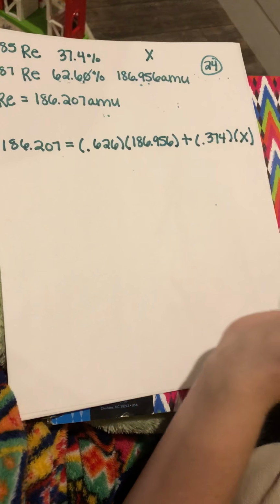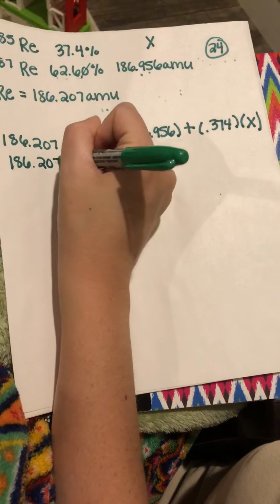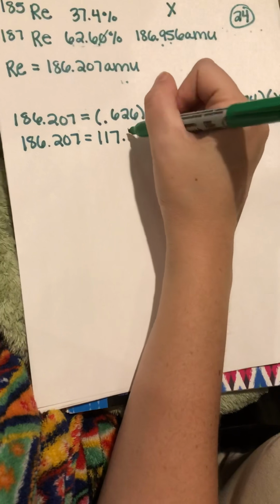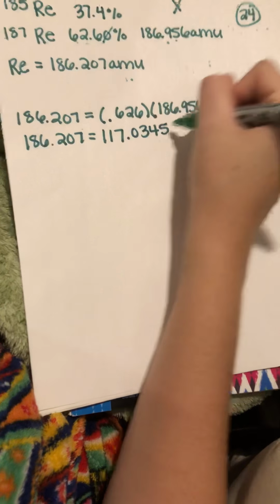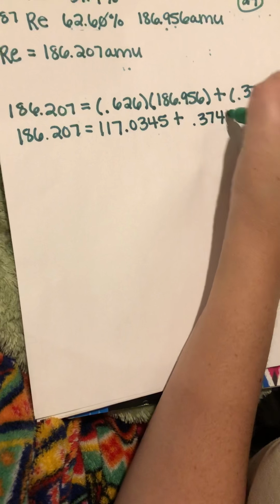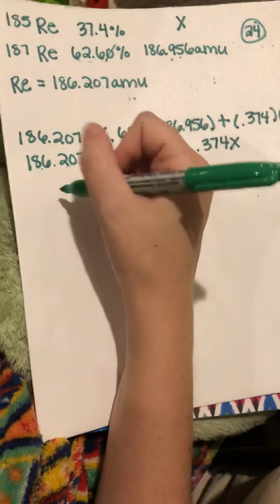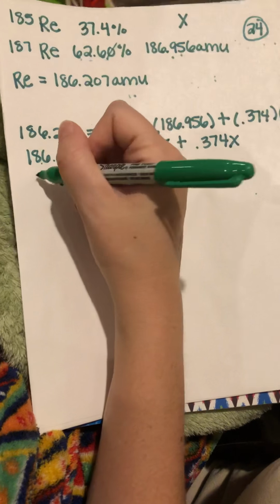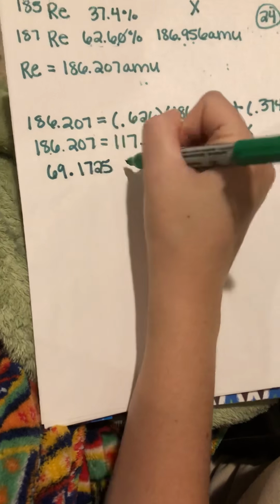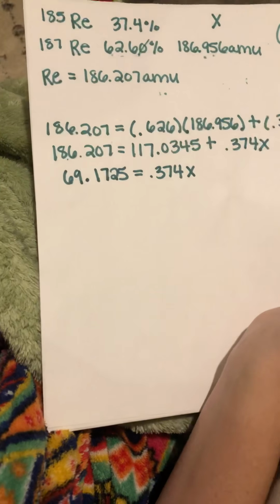So there's my equation. So when I multiply those two numbers, so I can start solving, I get 117.0345 plus, put that together, 0.374x. Subtract this number over here, and I get 69.1725 equals 0.374x.